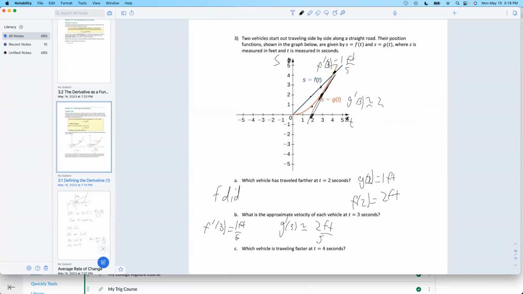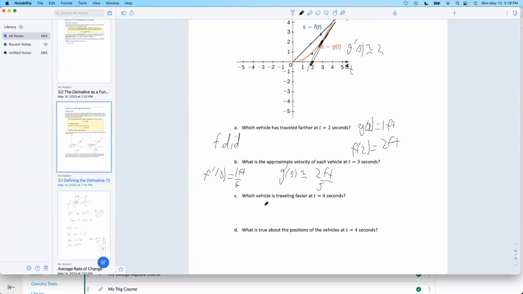Similarly here, look at 4 seconds. g's tangent line is much steeper than f's. g prime of 4, I think you would have to agree with, is much bigger than f prime at 4. So g is moving faster at that moment. Remember, we're talking instantaneous.